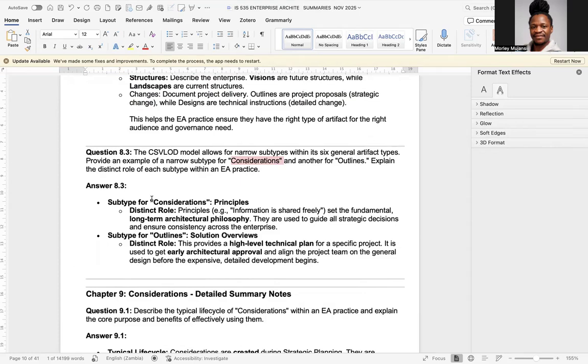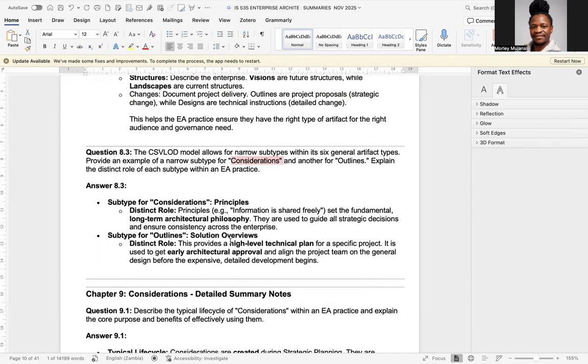They guide all strategic decisions and ensure enterprise-wide consistency. Okay, so these principles are very important because they are used to guide all strategic decisions. All decisions that are made at strategic level are anchored by the principles. Okay, so that's why they're quite important.